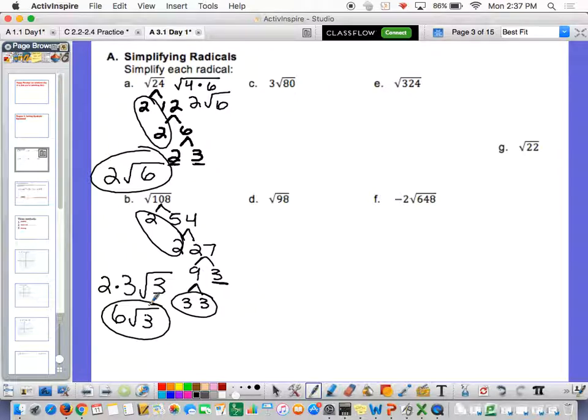Okay. I'm hoping this isn't too much of a shock for you. C looks a little bit different, but it's handled the same way. 80, just for funsies, let's break that down into 8 and 10. Okay, 8 breaks down into 2 and 4. 4 breaks down into 2 and 2. 10 breaks down into 2 and 5. So the pairs that you have are 2s.